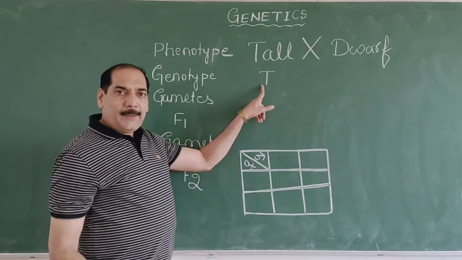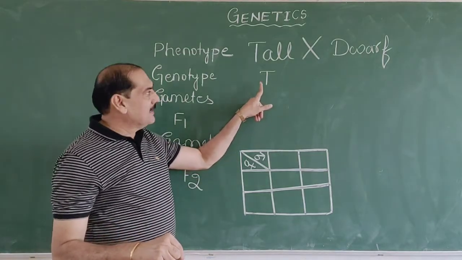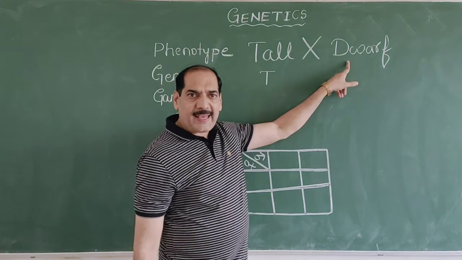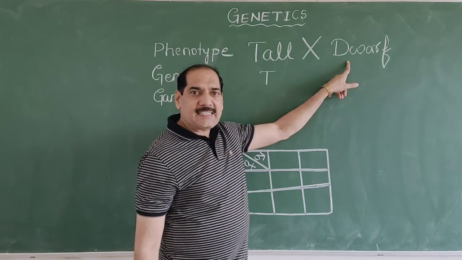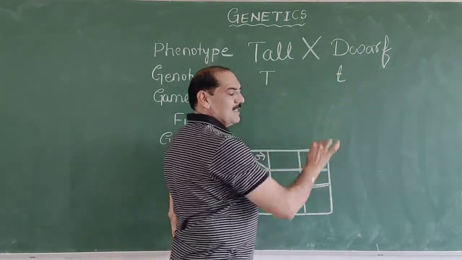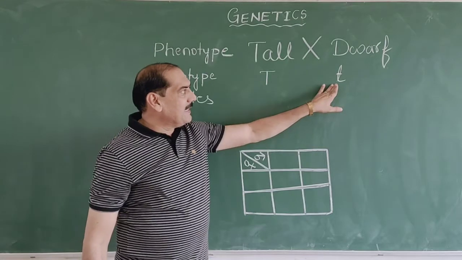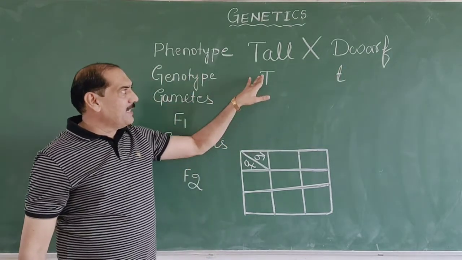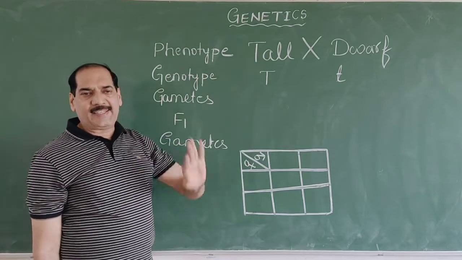Which letter? Big T. Similarly, to denote the dwarf character, he selected small t. Small t denotes the dwarf character, big T denotes the tall character.